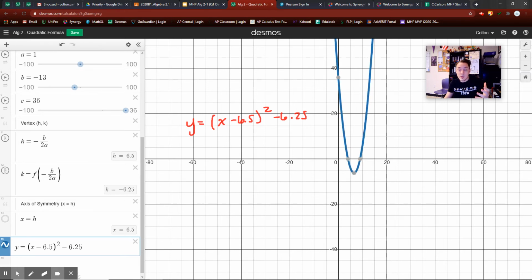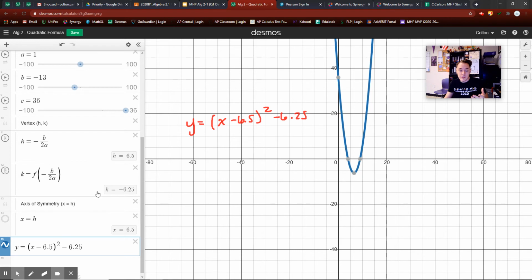So really, Desmos uses all of what I just taught you, but you can just play around with it and you can still get the vertex form. As long as you have your vertex, you can get your vertex form. You don't even need to complete the square really at all. Notice what I just said. If you don't want to, plug it in here, find your h for your vertex, find your k for your vertex, and that's it.